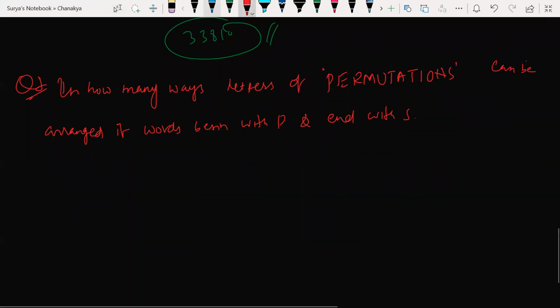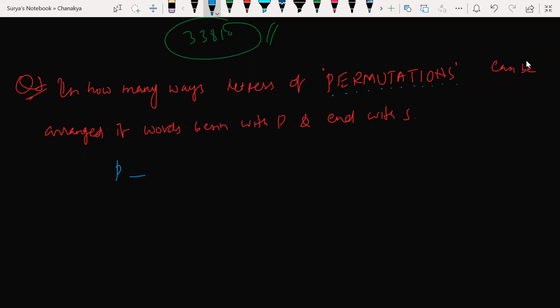Very simple. See, after solving many questions, you have to solve this. Begin with P, end with S. 1, 2, 3, 4, 5, 6, 7, 8, 9, 10, 11, 12, total 12 places.